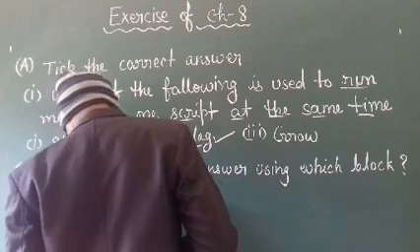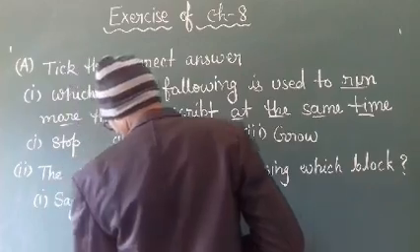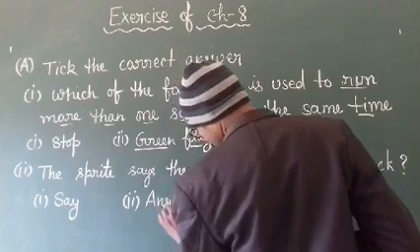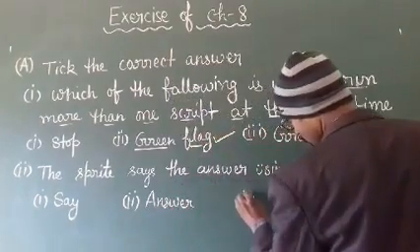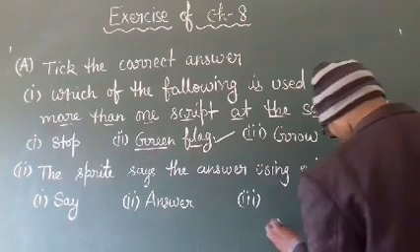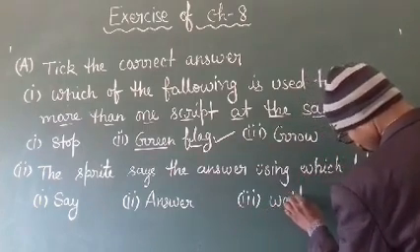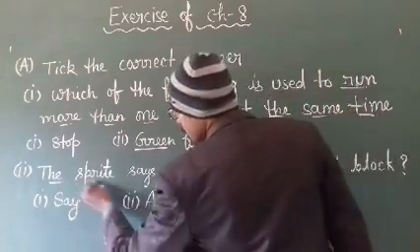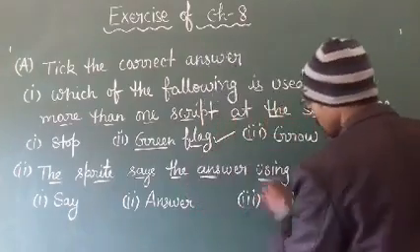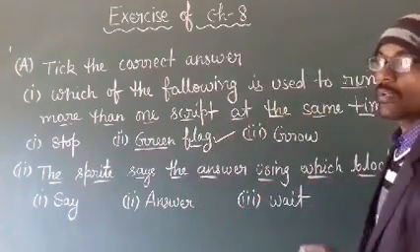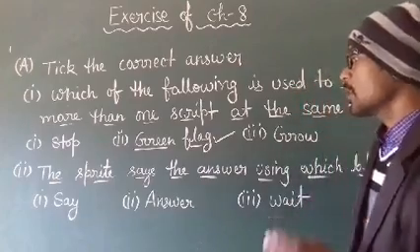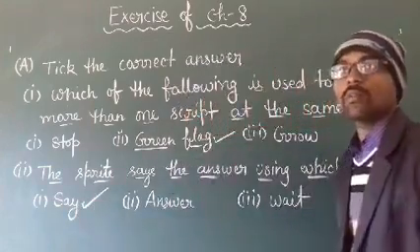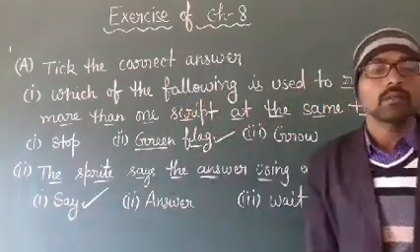In this, option number A is say block. Option number second is answer block, and option number third is wait block. Students, you can use sprite say the answer block from the say block. Option number first is the right answer. Clear everyone?